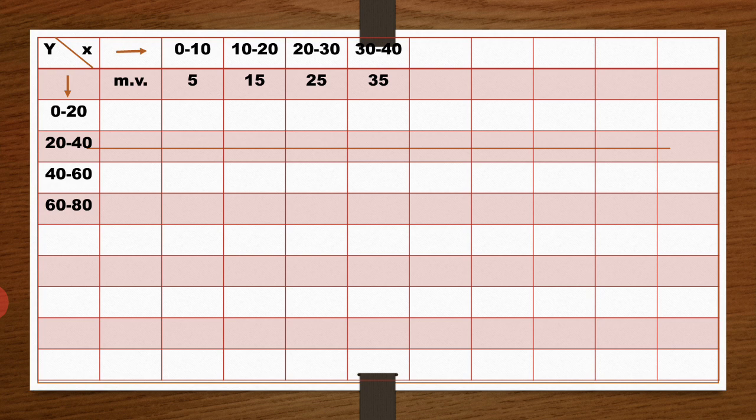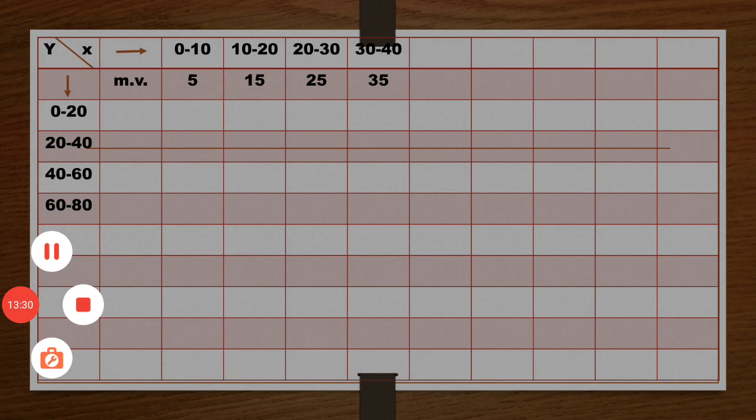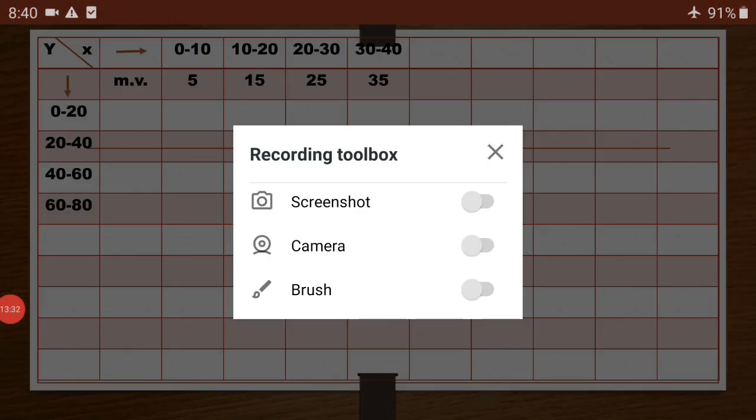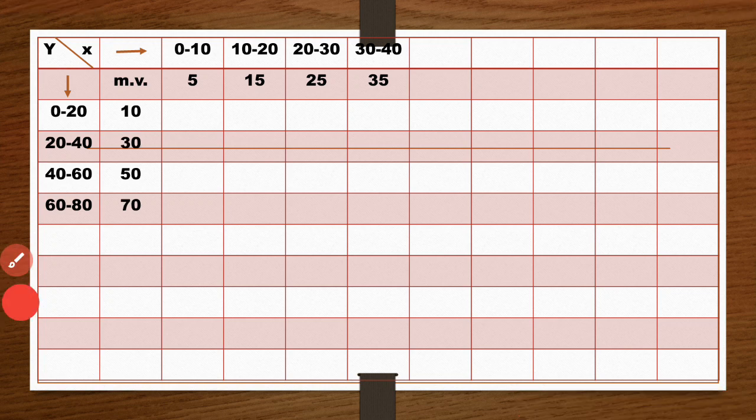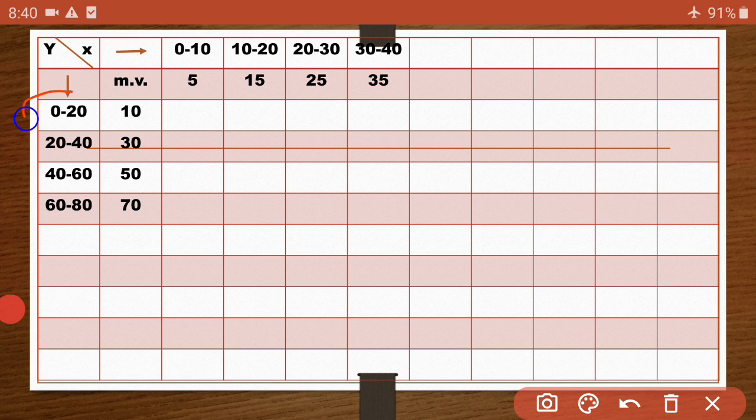Then 20 to 30: total is 50, divided by 2, the answer is 25. Then 30 to 40: you get 70, divided by 2, so your answer is 35.